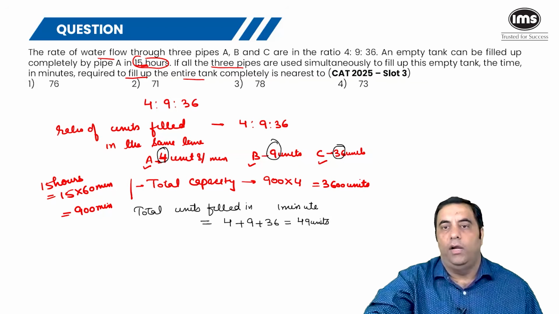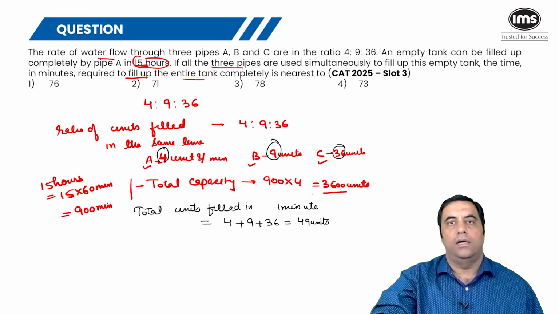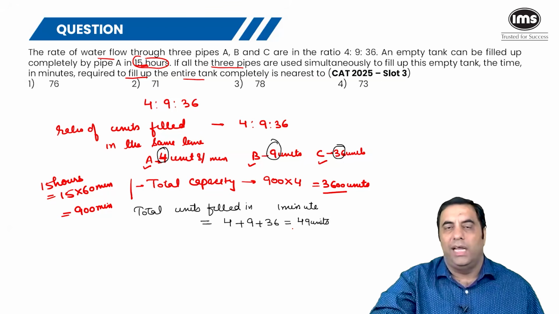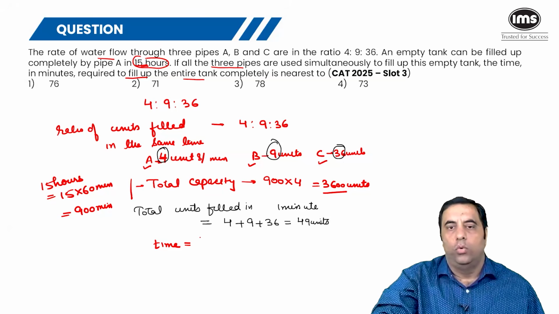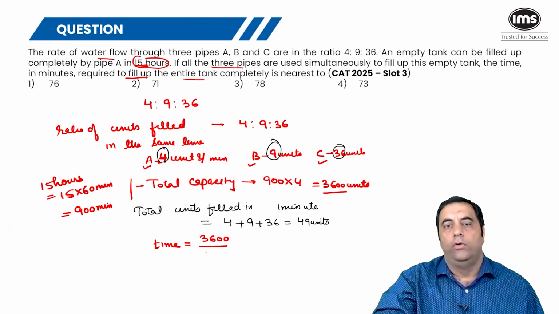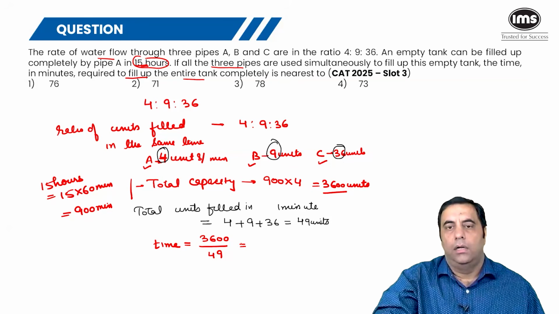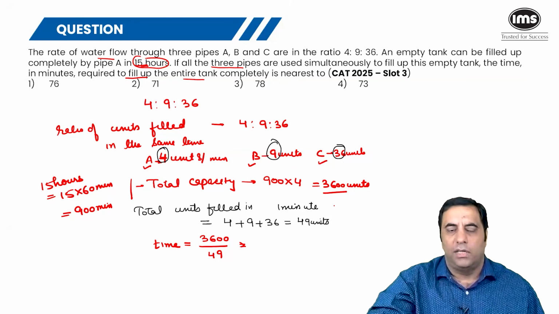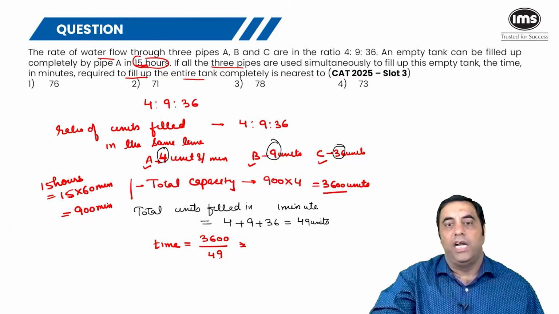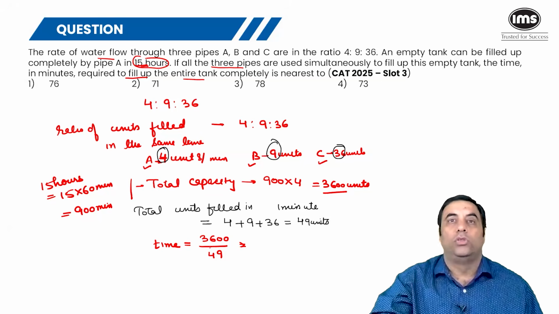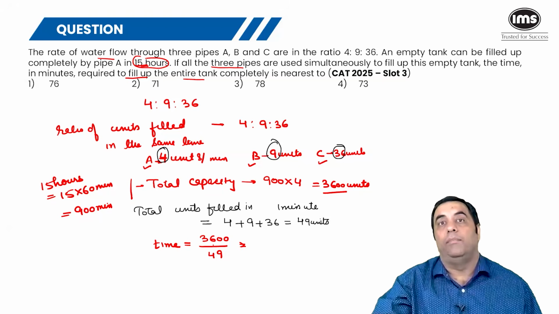And what is the total capacity to be filled? We have already calculated that. That's 3600. So now I can say time taken to fill this is equal to the number of units to be filled upon the number of units filled per minute. You can do the simple division. And we know that had it been 50 in the denominator, 3600 by 50 would have been 72 minutes, right?